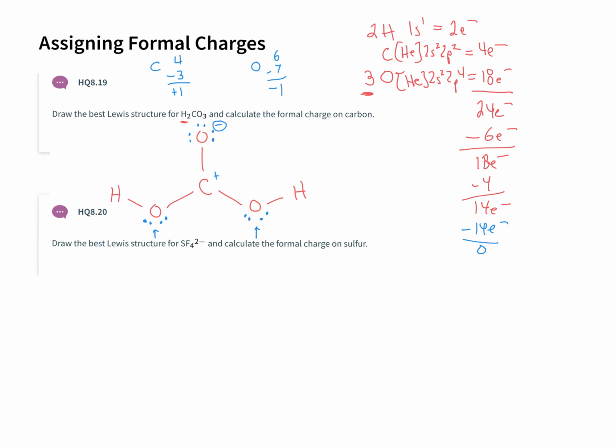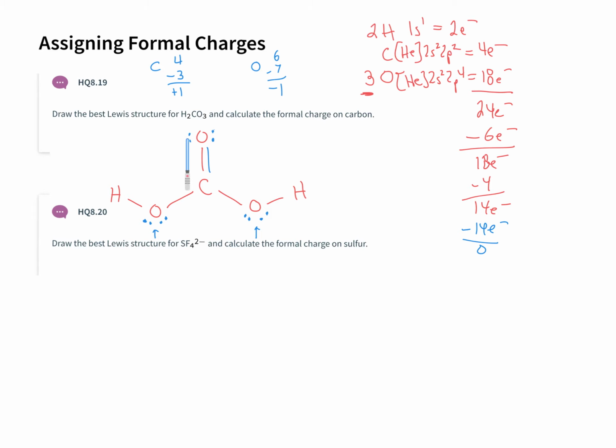And the second problem, if we didn't notice already, is that we have not filled the octet for carbon. So what do we do? Well, to get rid of that positive charge, all I need to do is take 2 of those electrons from oxygen and share them in the form of a double bond. Now I have a full octet for carbon.